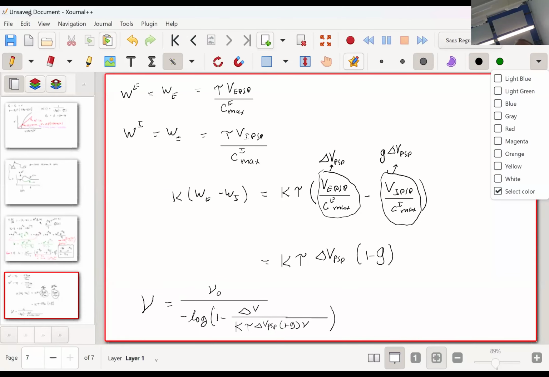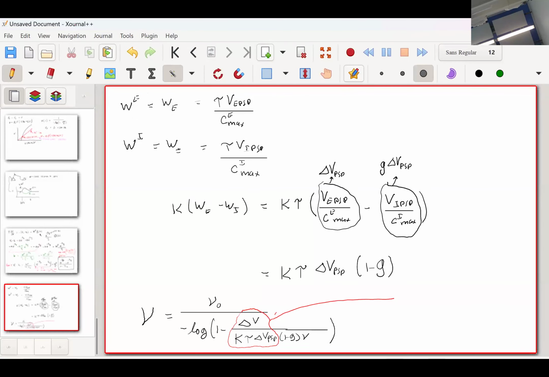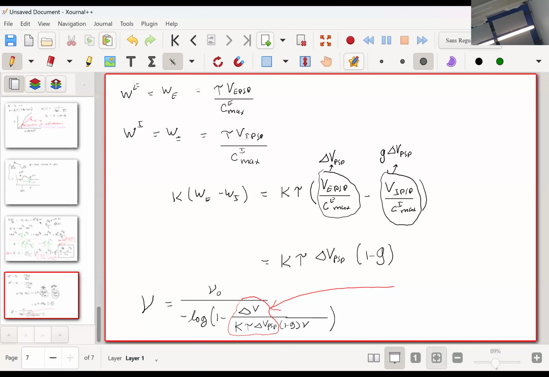Okay, and this whole quantity here sort of sets a scale for the firing rate. So delta V, remember, is about 50 millivolts. That's the top. K is about 1,000. Tau is 10 milliseconds, which is 0.01, 1/100th of a second.